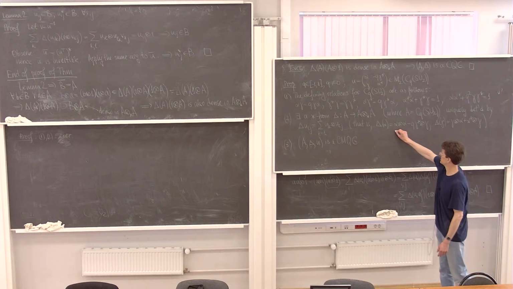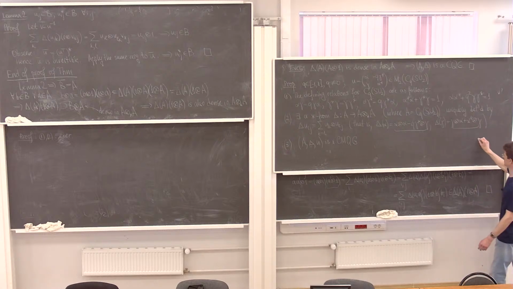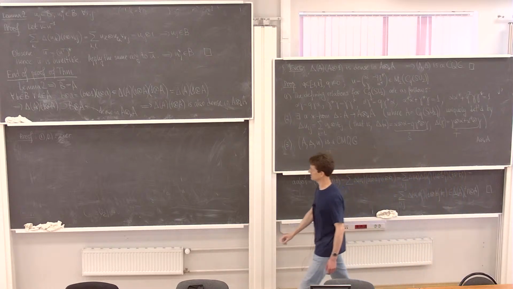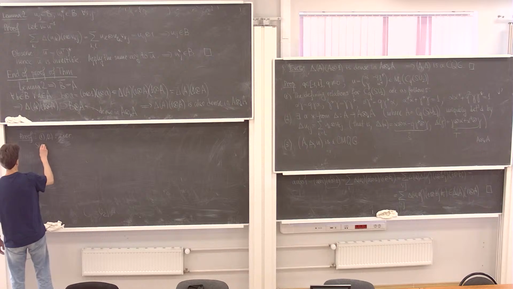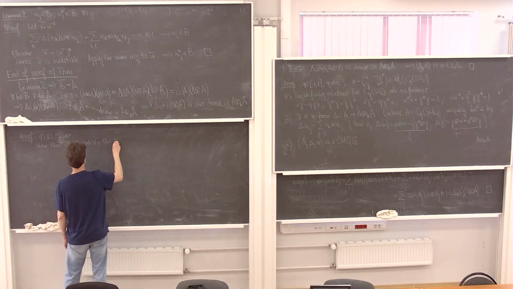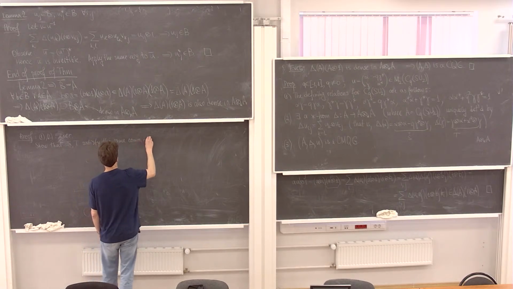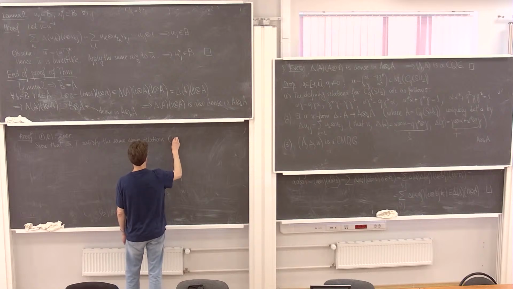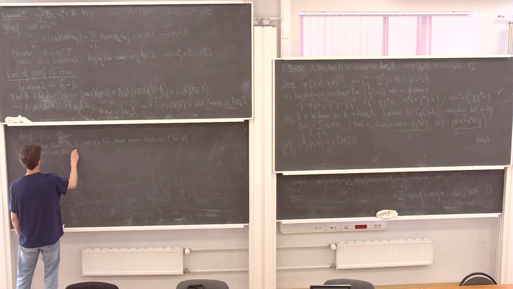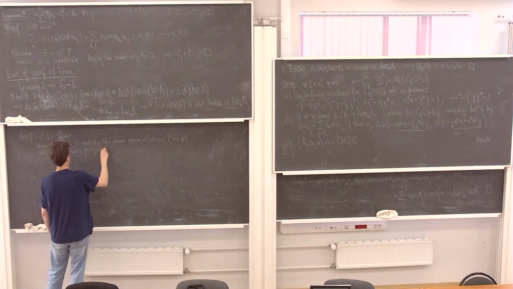So we have to show that these two elements belonging to A tensor A, say S and T, satisfy the same commutation relations as in part 1, and use the universal property of our algebra.